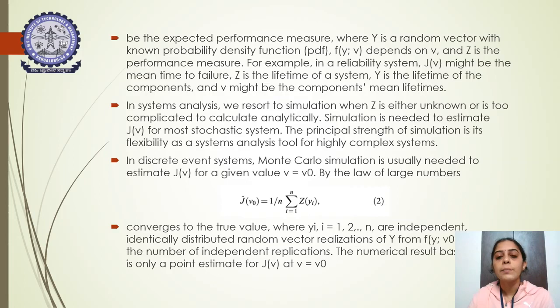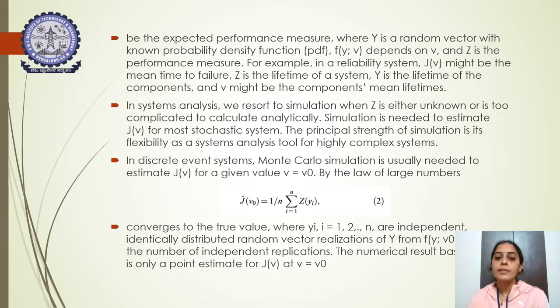So Z is nothing but a performance measurement of the product. Here it is showing the lifetime of that particular product. And what will be the Y here? Y is the lifetime of the component, and V might be the component's mean lifetime. So these are the variable values which will be varying with respect to the performance measurement value of Z.